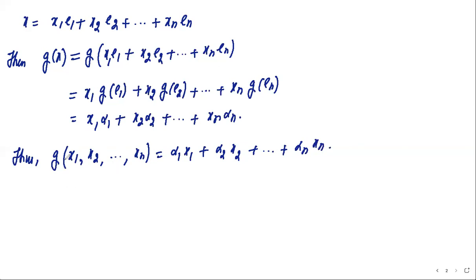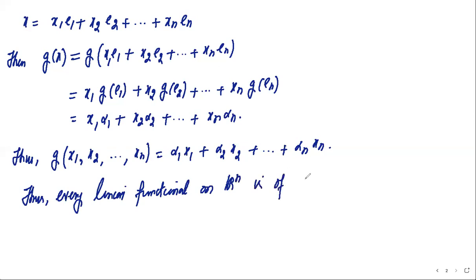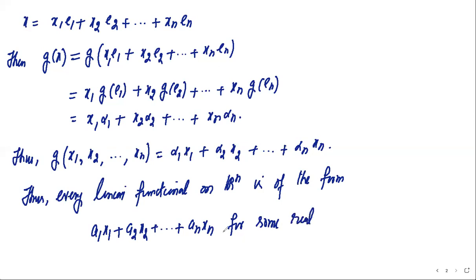So we have actually proved that every linear functional on Rn is of the form a1 x1 plus a2 x2 plus so on plus an xn for some real numbers a1 to an.